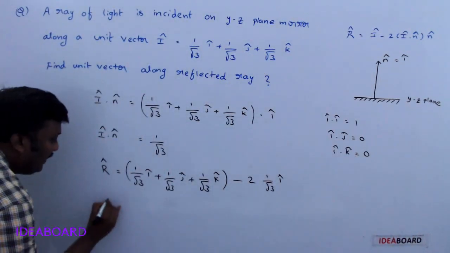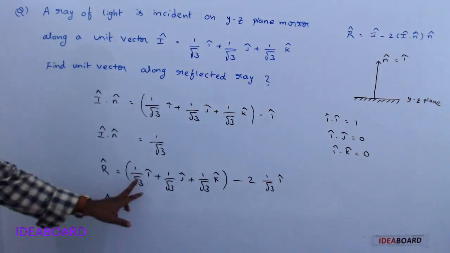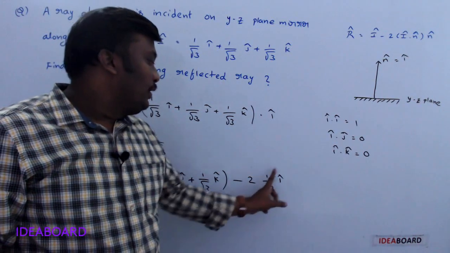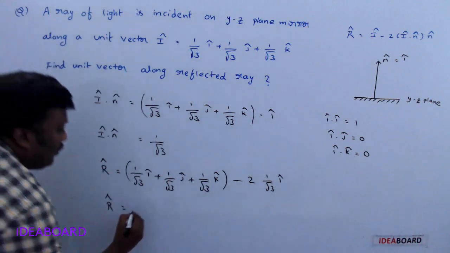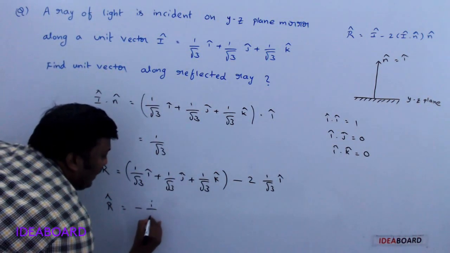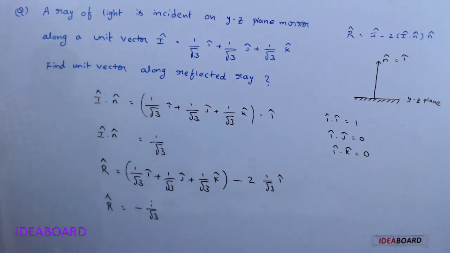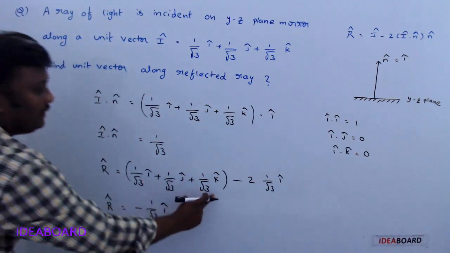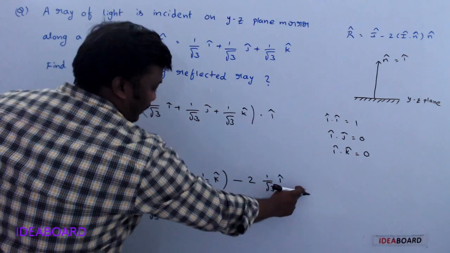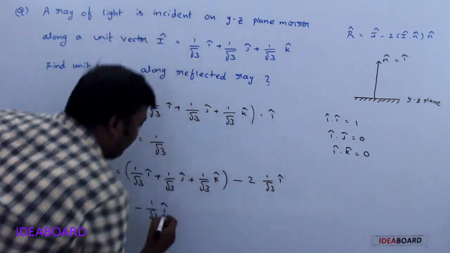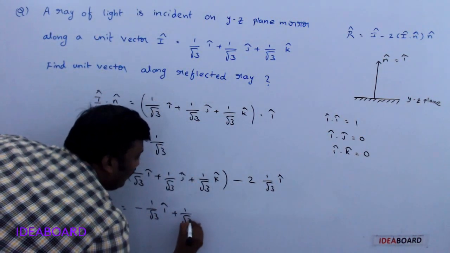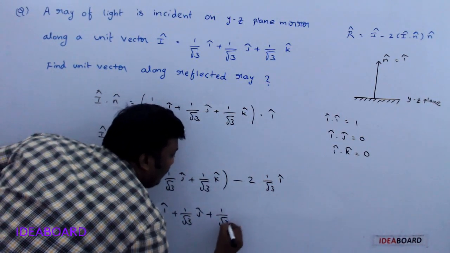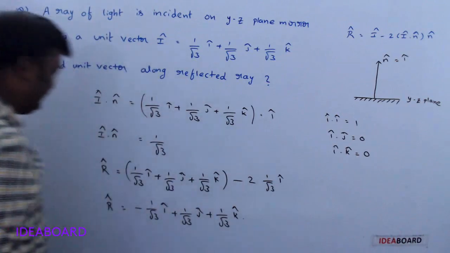So the value of r cap is 1 by root 3 i cap minus 2 by root 3 i cap, which gives minus 1 by root 3 i cap. There are no terms related to j cap and k cap changing, so r cap is minus 1 by root 3 i cap plus 1 by root 3 j cap plus 1 by root 3 k cap.